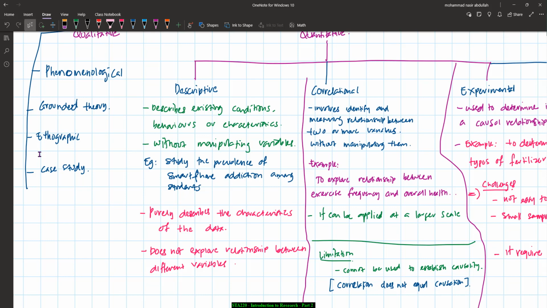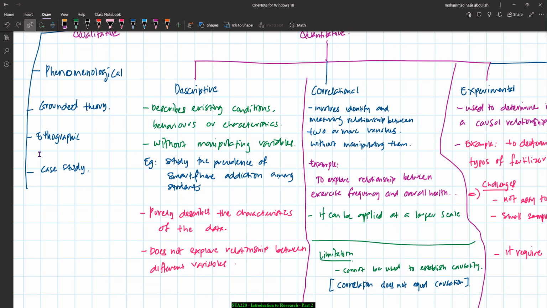Case study involves investigating a single individual or multiple individuals to gain in-depth understanding of their experience, behavior and outcome lah. Right? So it's basically designed to offer a deep dive into the specific surrounding of a person, group of people, or phenomenon within the bounded settings context.